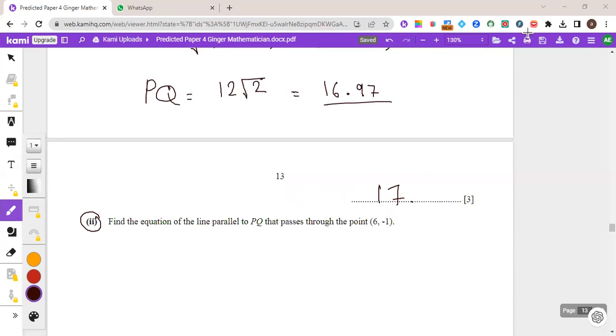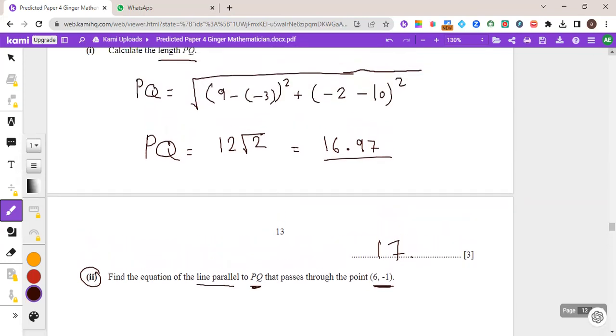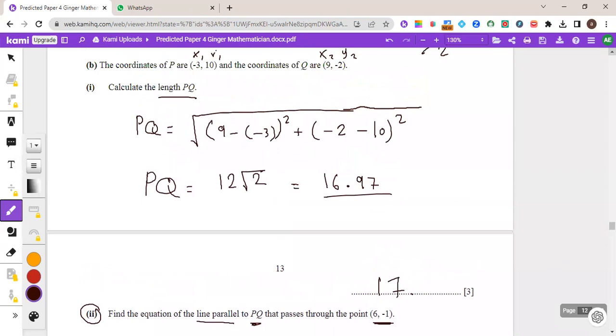Find the equation of the line parallel to PQ that passes through the point 6 and negative 1. So we need first of all to get the gradient of PQ, right?